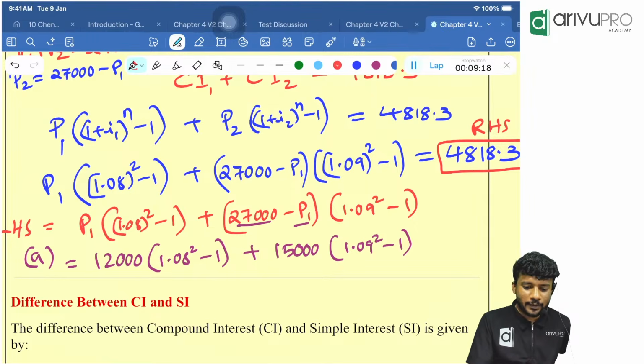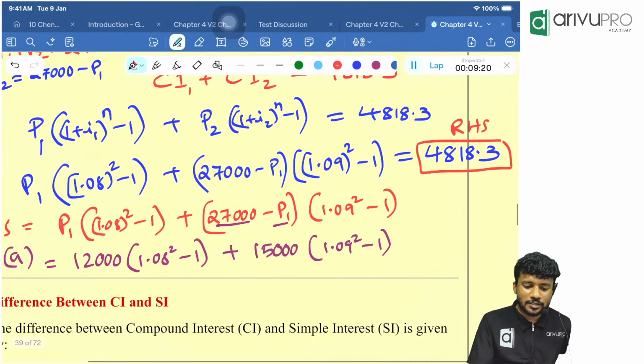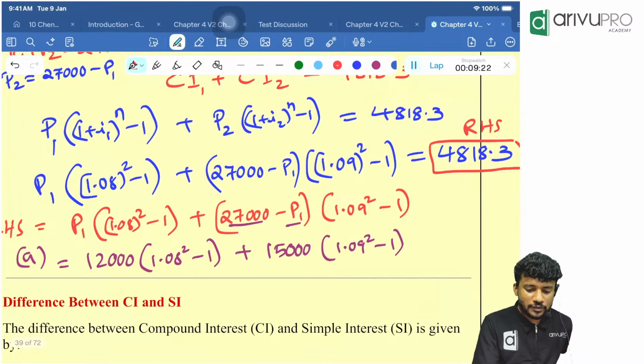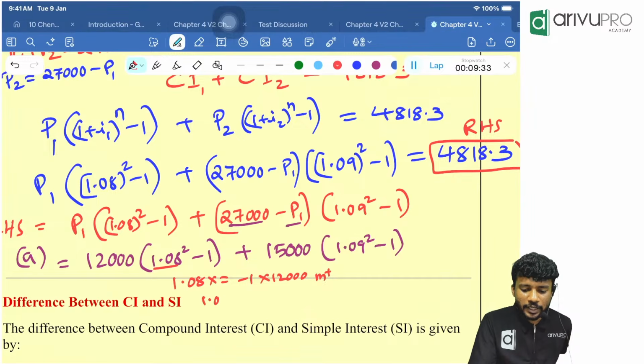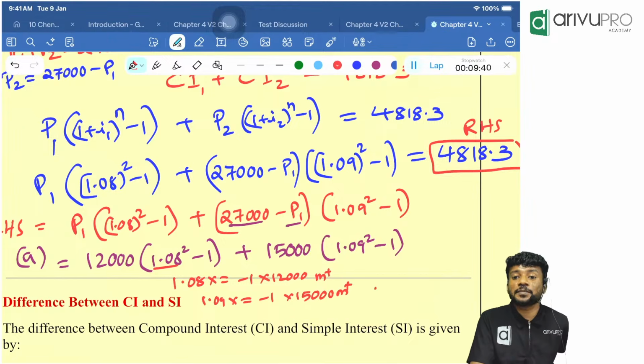Are you getting 4,000 that much? How to do this? First find the value inside the bracket. 1.08 into equal to minus 1 multiplied with 12,000, M plus or M minus? M plus. Then 1.09 into equal to minus 1 into 15,000, M plus or M minus? M plus. Finally this button?